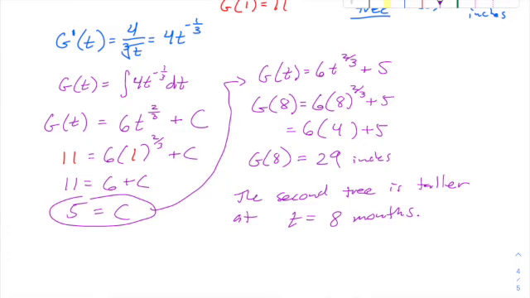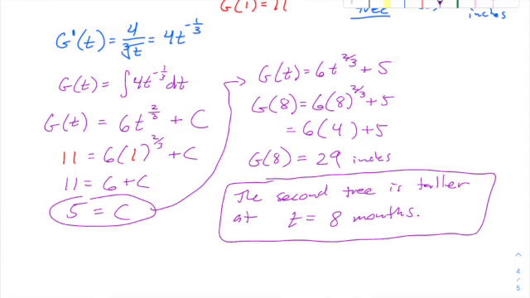And in your work, you've clearly shown what the first tree's height was and what the second tree's height was. So feel free to write more if you need to, but that's pretty good there. And so that's one FRQ broken down, and hopefully you feel pretty good about it. So hang in there and keep working hard.